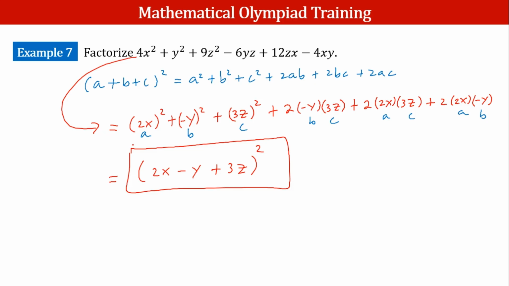Okay? However, it depends on whether you're really familiar with that certain identity, because you have to recognize the structure of the given, whether it is the same as the structure of the given identity. Alright? Now, you can also combine 2 or more techniques depending on the given expression.